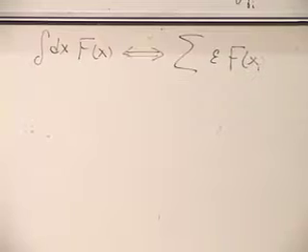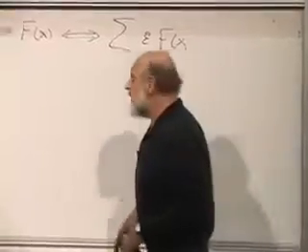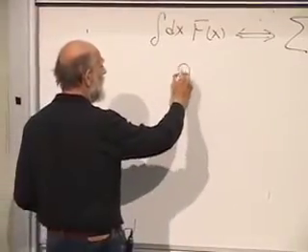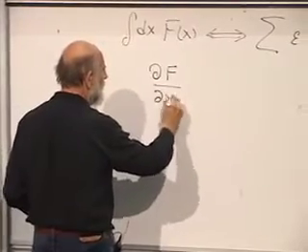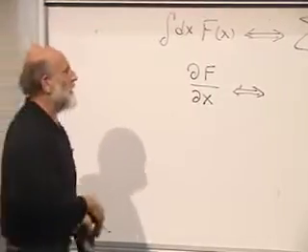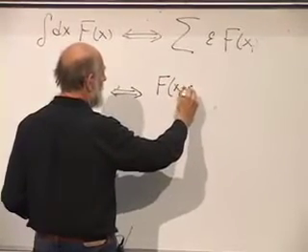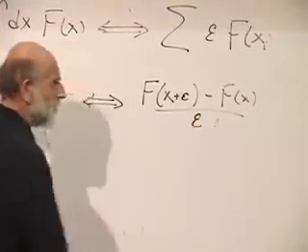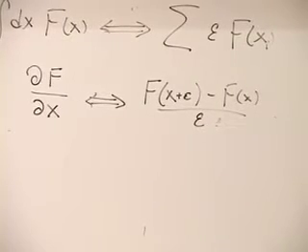So that's all we have to do to replace sums by integrals, and likewise to replace differences by derivatives. A function df by dx is, of course, a replacement in the limit for f of x plus epsilon minus f of x, divided by epsilon. All right, we use that when we replaced these things here by derivatives.